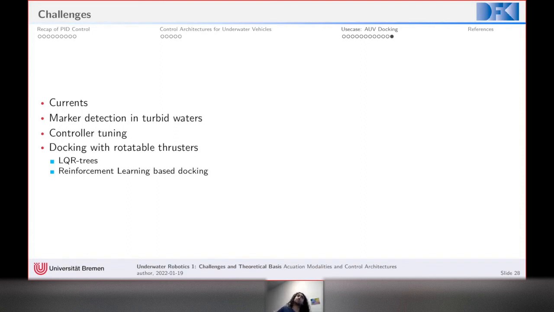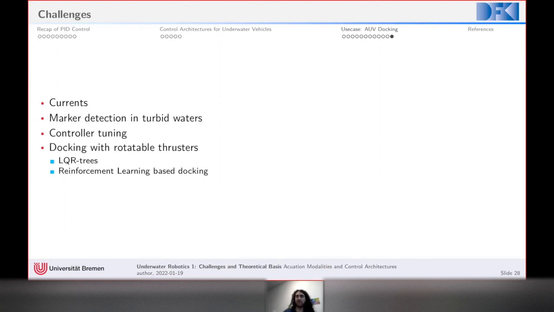Another very challenging thing is turbid waters, where it's quite hard to detect the marker. I think later on Miguel will show you some footage of how it looks when the water is not so clear. You can only start detecting markers maybe when you are less than a meter close to them or something like this, which makes it also quite hard.